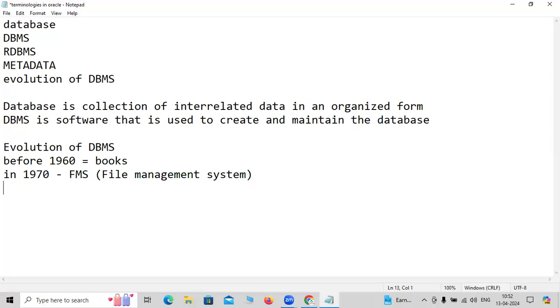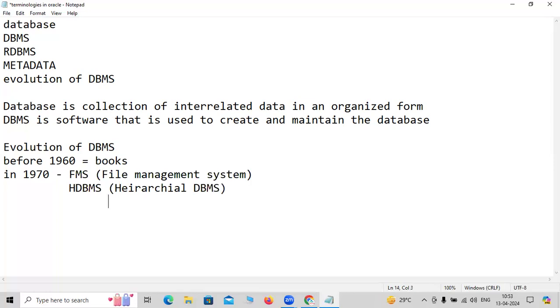So also in 1970 there came a concept of HDBMS, that is hierarchical database management system.